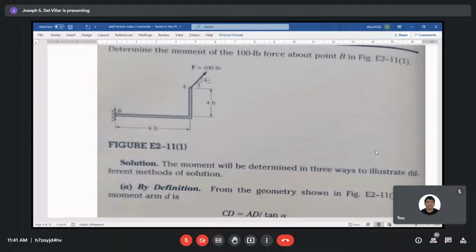So 80 times 8 minus, ano yung kanyang Fx? 100 cosine, 3/5. So that is 60. So 60 times 4.